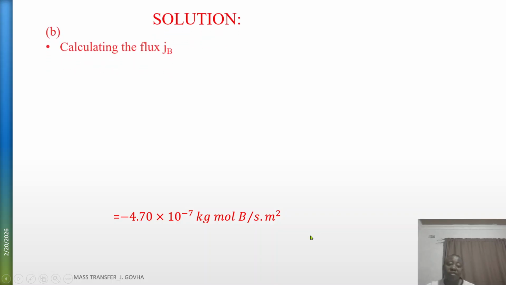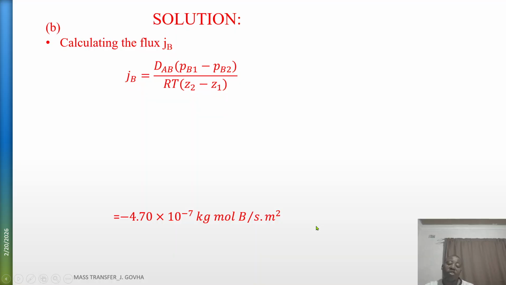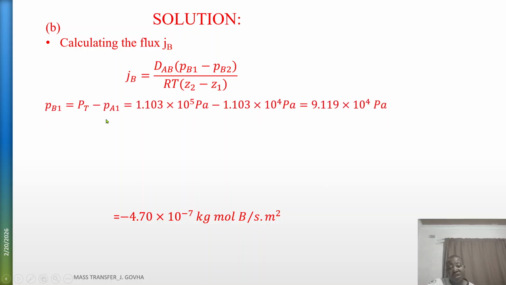The same applies again to our JB. We use the equation, but instead of PA1 we now make use of PB1. Then we make use of the equation PT equals PA1 plus PB, so that we determine the value of PB as indicated there.